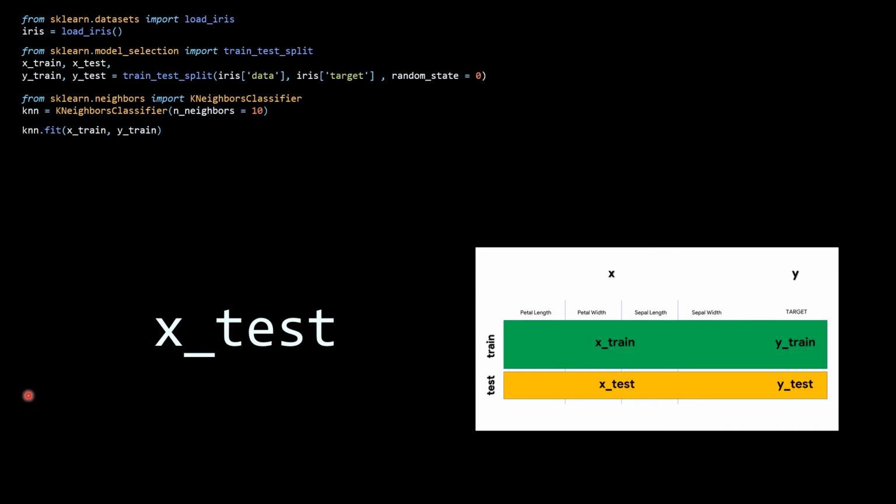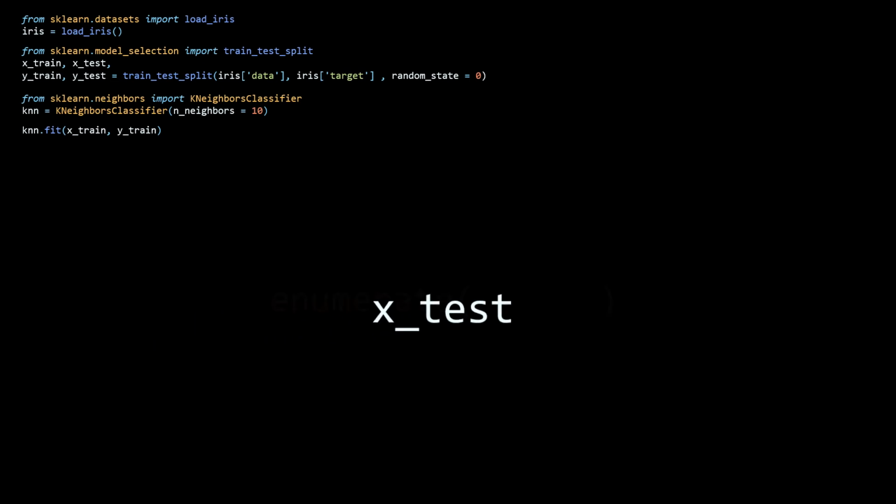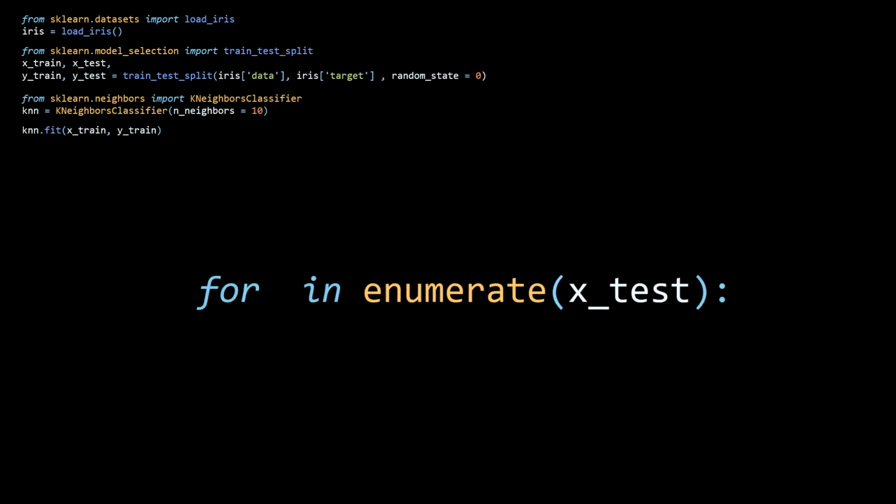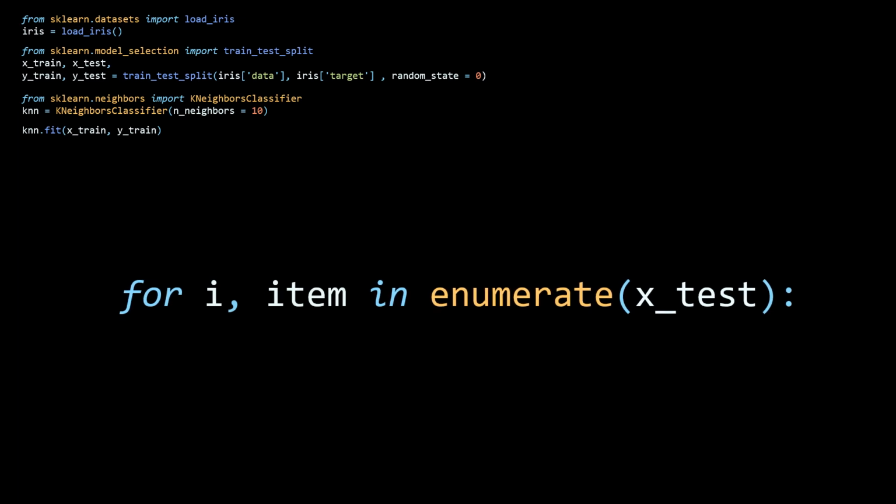We have with us xtest, which is the testing data part of the dataset. Let us traverse through the elements of the xtest list through the enumerate function using a for loop, which provides the index i of the list and the element item at the index i.